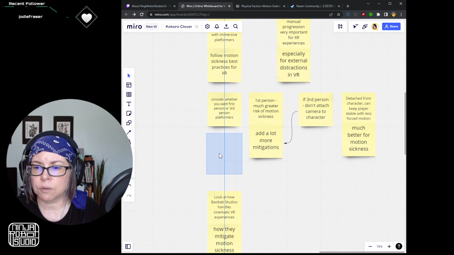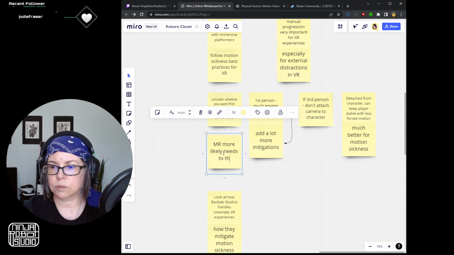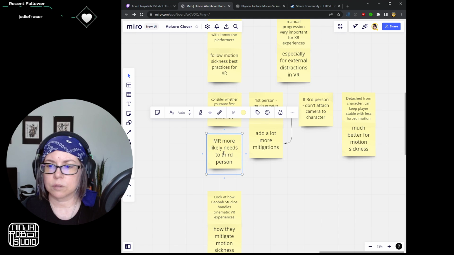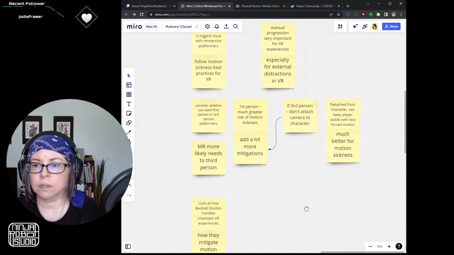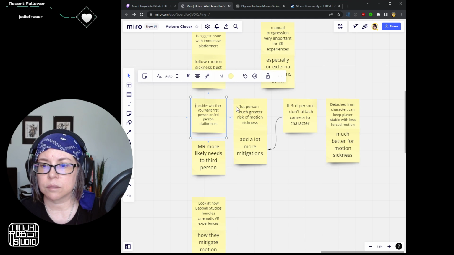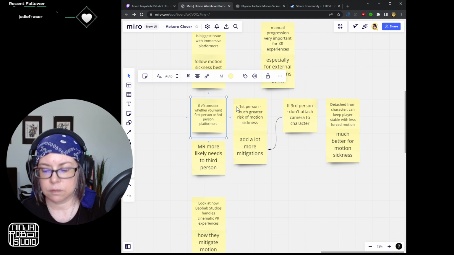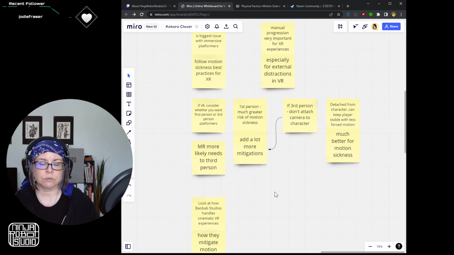So here, I'll write that down. Mixed reality more likely needs to be third person. Okay. But VR, if VR, consider whether you want it to be in first person or third person.